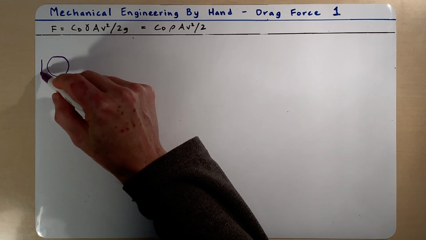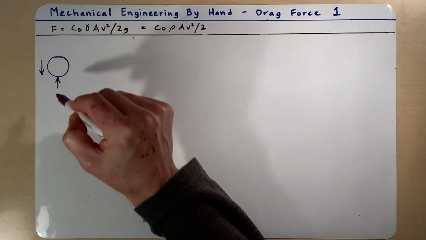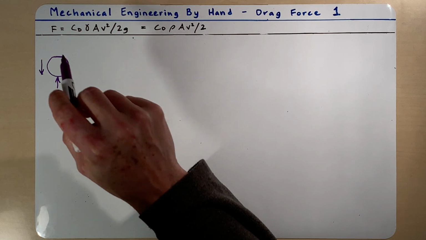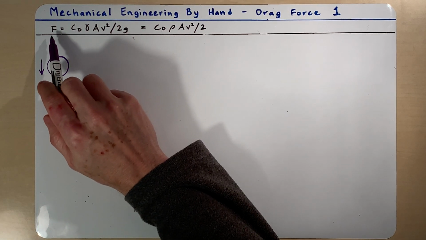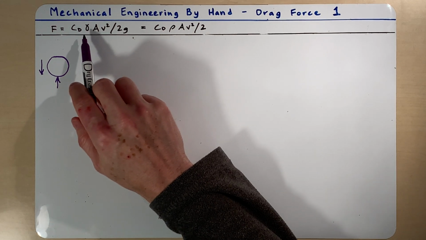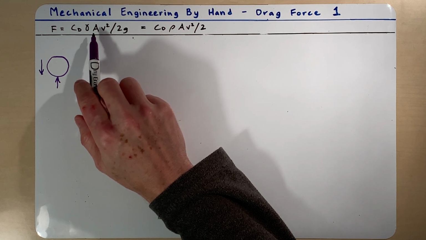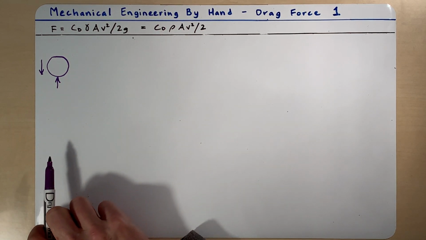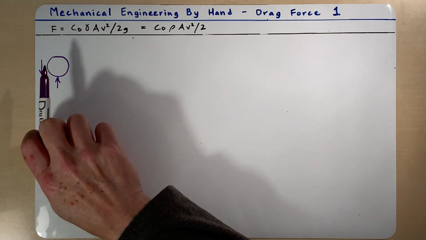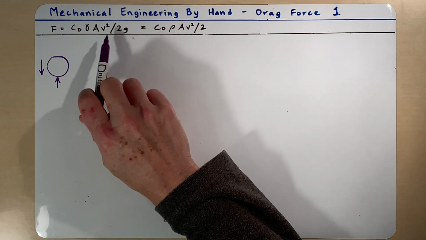So if we have a ball falling through the air, there's going to be a force acting up on the ball from the air, and the equation for drag force is force in pounds is equal to a drag coefficient times the specific weight of the air times the area of the object, and that would be the area as you look at the object as it is hitting the fluid or the gas, times the velocity squared divided by 2g.